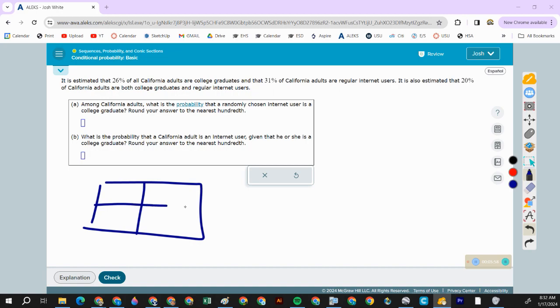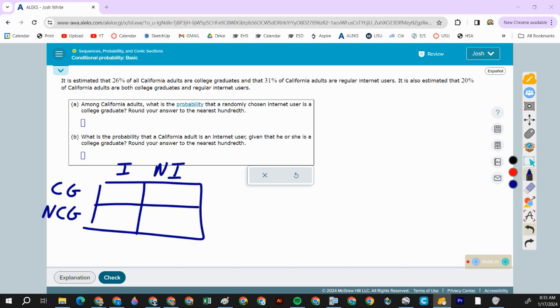So we're looking at adults in California. So college graduates and not college graduates. And then internet users and not internet users.